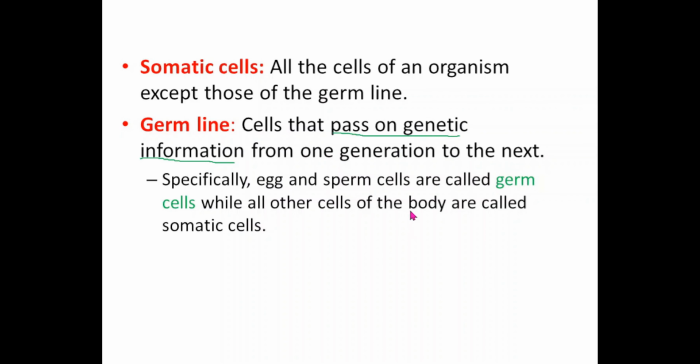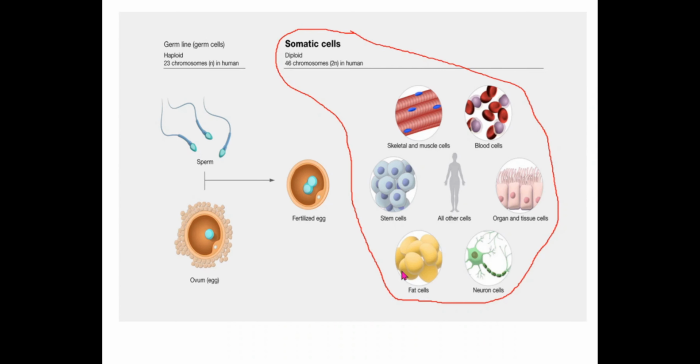Specifically, the egg cells and sperm cells are called germ cells, and the rest are called somatic cells. Here you can see these are the germ cells, and the other kinds of cells in the human body are somatic cells: skeletal and muscle cells, blood cells, stem cells, organ and tissue cells, neuron cells, fat cells, etc. These are somatic cells.